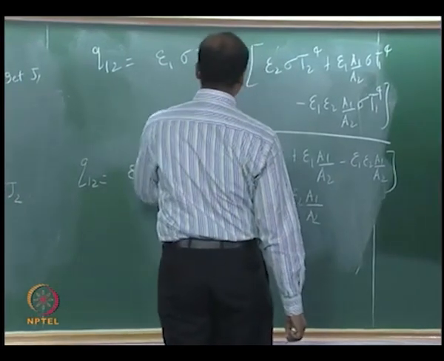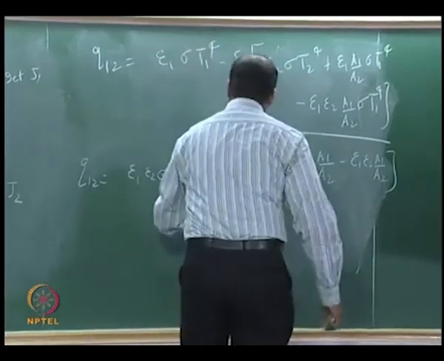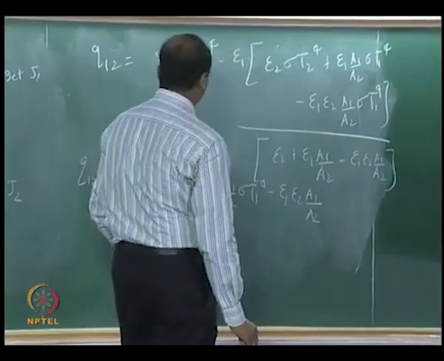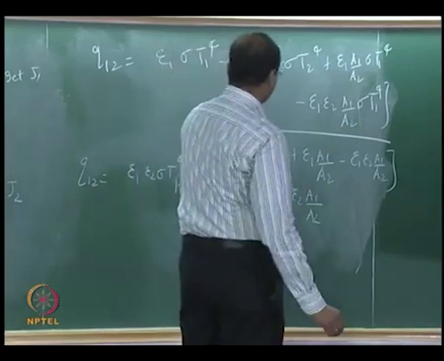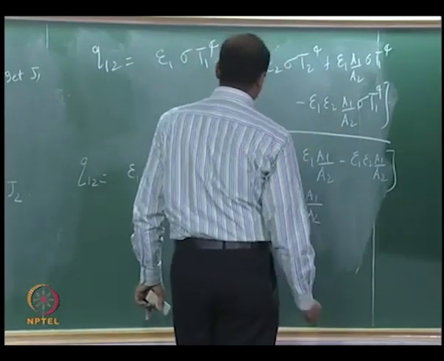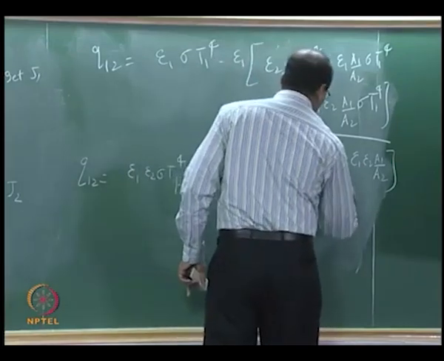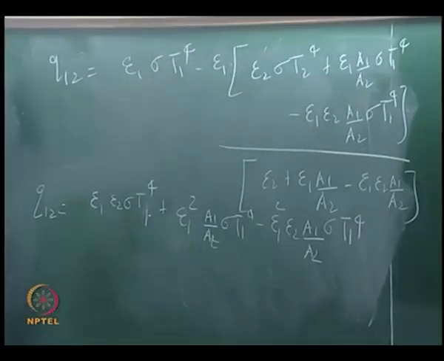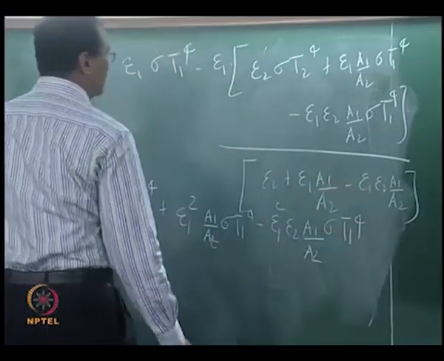You are getting epsilon 1 square. Okay, this is epsilon 1 square, isn't it? What am I doing? Epsilon 1 and epsilon 1, then epsilon 1 squared A1 by A2 sigma, fine, minus epsilon 1 square epsilon 2, is it correct? Is it correct? No, no, if you cross multiply, okay, let us see.